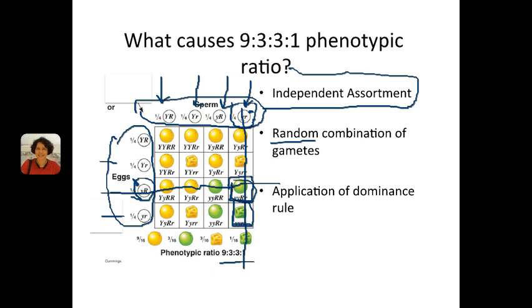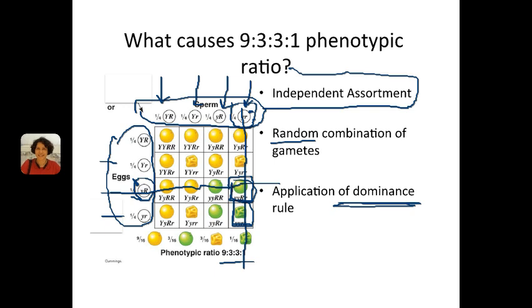Of course, you also have to apply the rule of dominance to get the phenotypes in the offspring. So it's a combination of all 3 things: independent assortment when you make the gametes, then a random combination of those gametes, and then when you apply the rule of dominance in each case, then you're going to get that ratio.